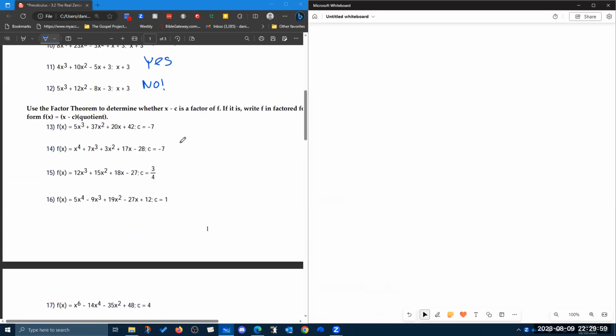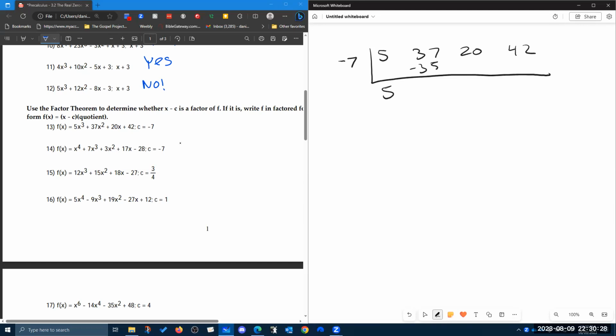Let's do just a few more here with this theorem, and we're going to actually do some factoring this way. If the number that we're testing actually is a 0, that leads to a factor. 5, 37, 20, and 42.